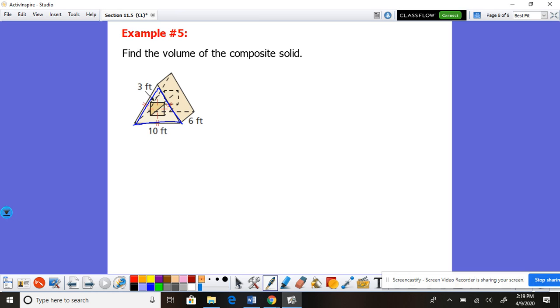So the volume of the composite solid is the volume of the triangular prism, and then we're removing the volume of the rectangular prism, so it would be minus the volume of the rectangular prism.